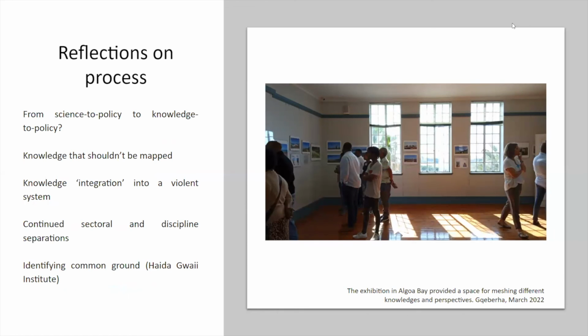And reflecting a little bit about the process, why do we even speak of science to policy if we can do knowledge to policy? Why am I even part of this structure? Why should it not be a direct link between the Indigenous and local knowledge holders and the policymakers? I did ask this in a workshop I was in recently, when we were talking about a possible heritage site.